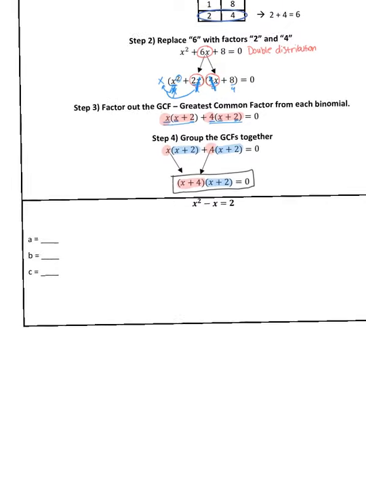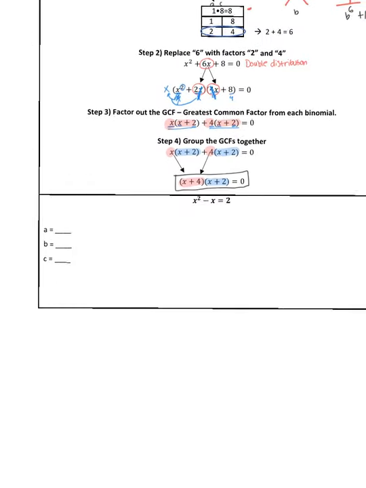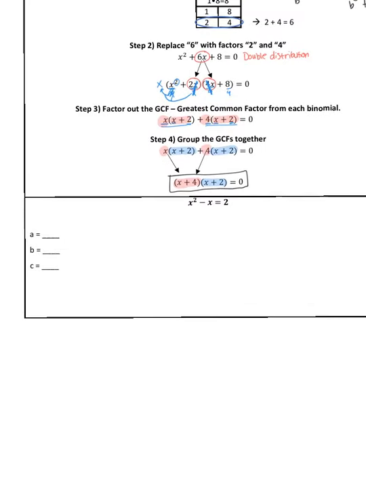Okay, so I'm going to do this one with double distribution just to show you, and then I'll do some of the other ones with different methods. Step 1 for these is always make sure that you have your polynomial in standard form. Right now, this is not in standard form because of the number 2 that's here. Standard form means that this number needs to be 0.